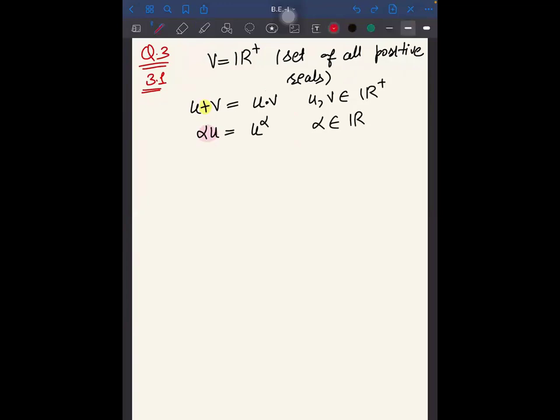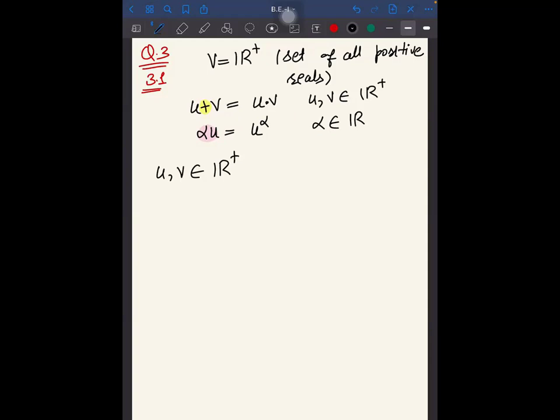Now, what do you take first? You take u and v, any two elements from R positive. So how will the elements of R positive look? Anything that is a positive real, right? Something like 1 by root 2, 3, 7, 1 by 3, 5 by 9. So the set of all positive real numbers is given to us.